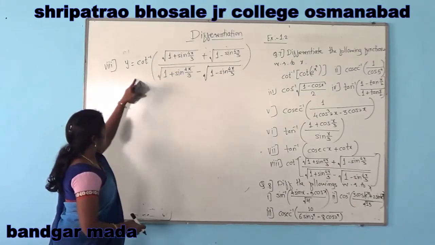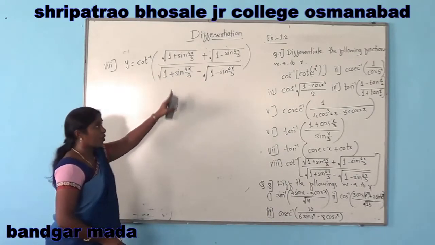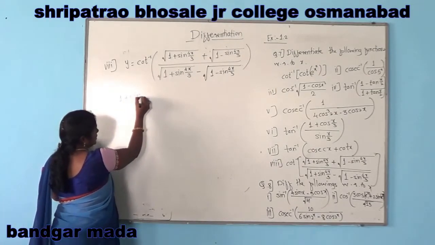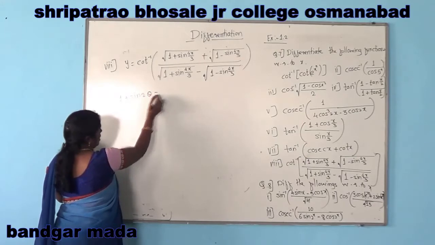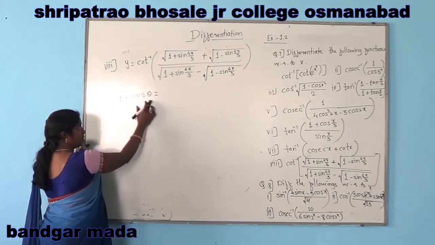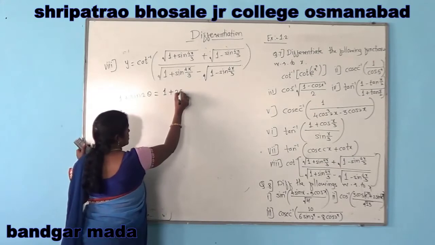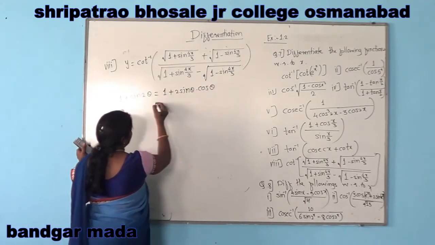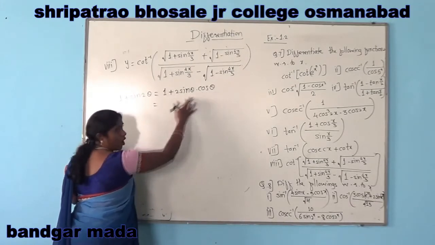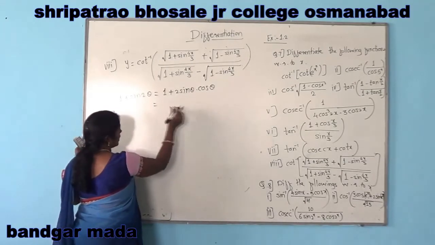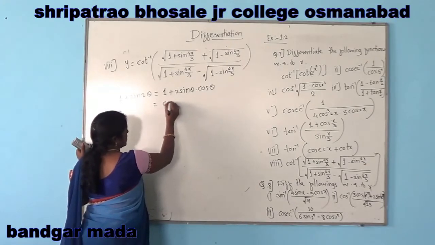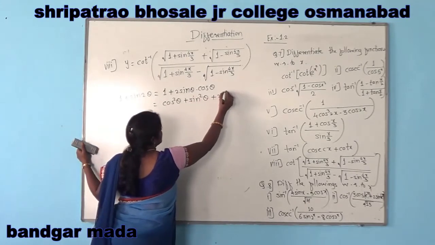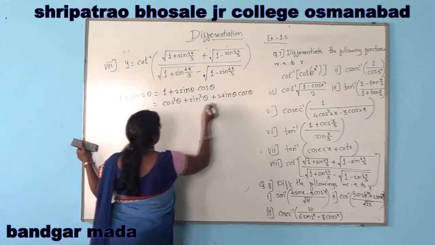Now, for this bracket, we have to know the simplified form of 1 plus sin theta or sin 2 theta. Since 1 plus sin 2 theta, where sin 2 theta is 2 sin theta cos theta, we can write 1 in terms of sin and cos, so that 1 can be written as cos square theta plus sin square theta, plus 2 sin theta cos theta as it is.